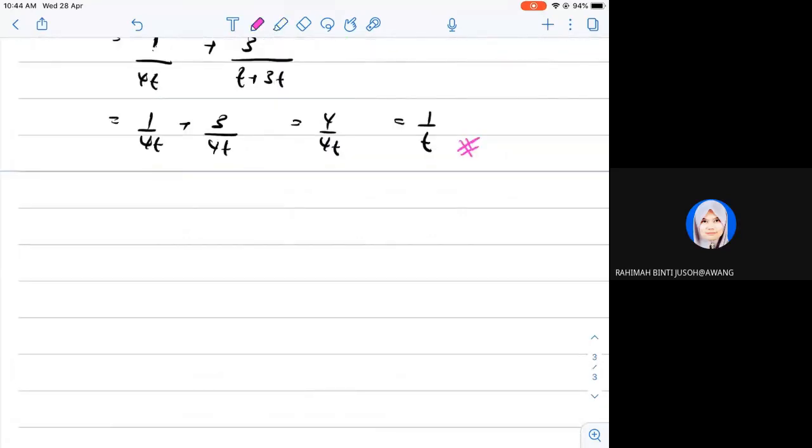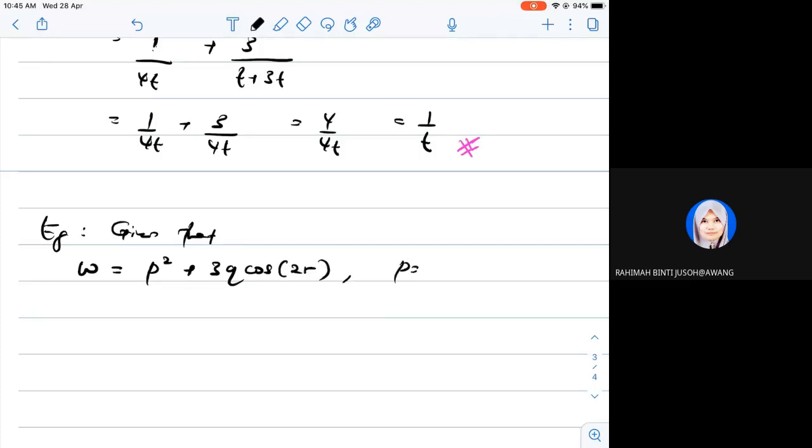Alright. Saya bagi satu example lah. Example bukan dalam buku. So dalam buku tu macam mudah sangat kan. Example. Given that, let's say W equals to P squared plus 3 Q cos PQR cos 2R. Gitu. And then P equals to S plus 2T.